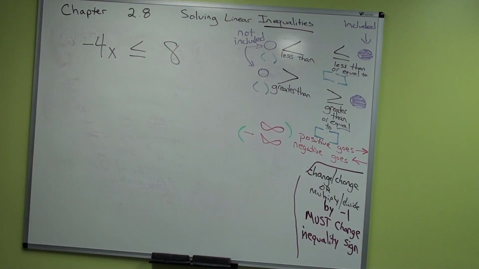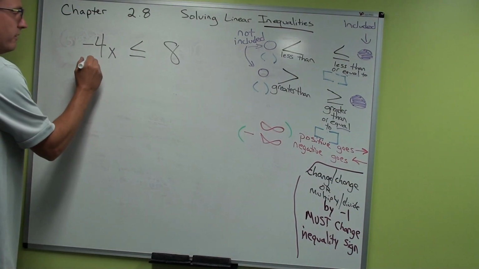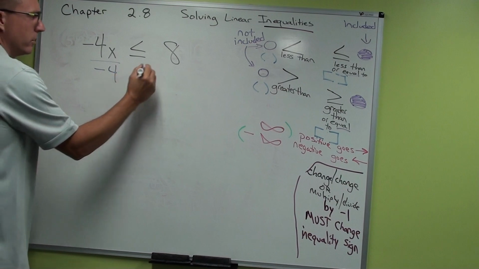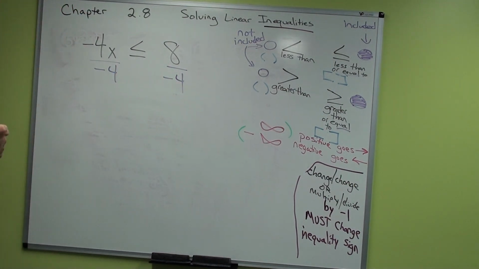Alright, here we go. So we start our problem off the same way we start every problem off, solve for a variable if we can. And we can. So what do we have to do here? If you said divide by a negative 4, you are correct. Is there anything else that we have to do?